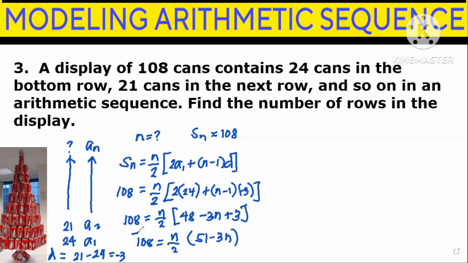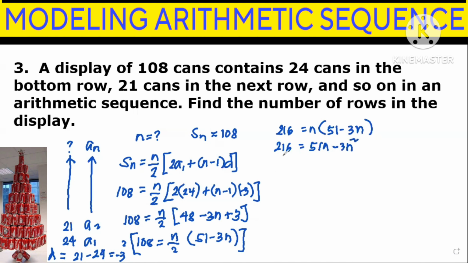Now to get rid of fractions, we multiply both sides by 2. 108 times 2 is 216 is equal to n times 51 minus 3n. So we have 216 is equal to 51n minus 3n squared.